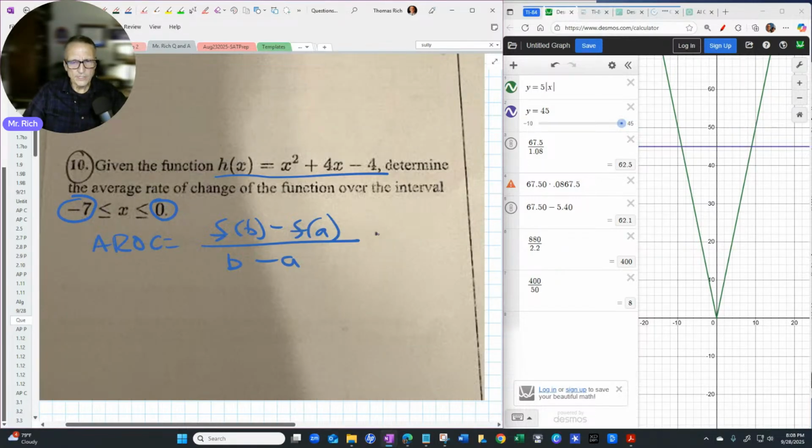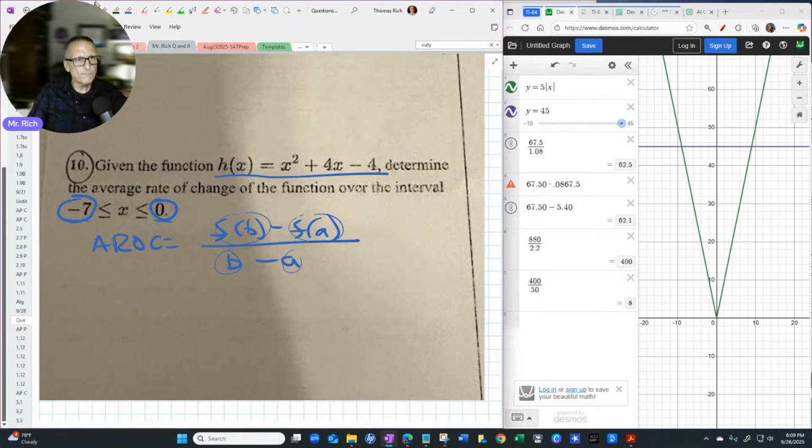This really is an equation that you've known for several years, right? This is y2 minus y1 over x2 minus x1, because the b and the a are the two x values, and then f of b is the y value that goes with b, and f of a is the y value that goes with the x value equal to a. So we just simply write it in function notation.